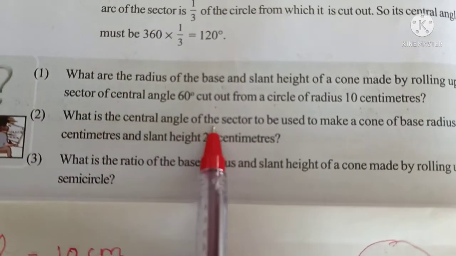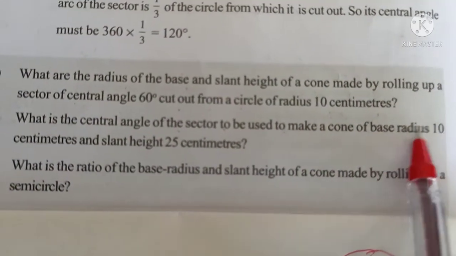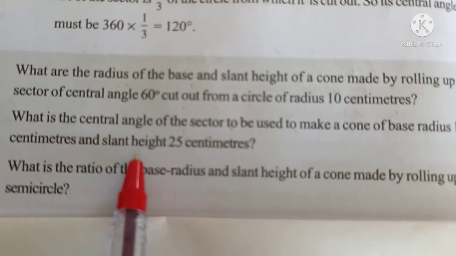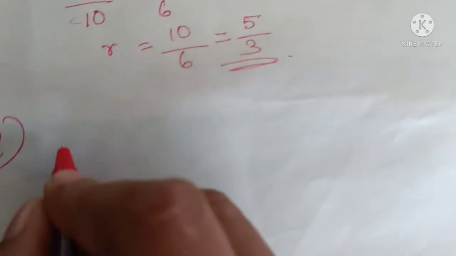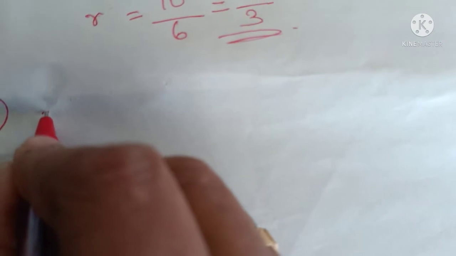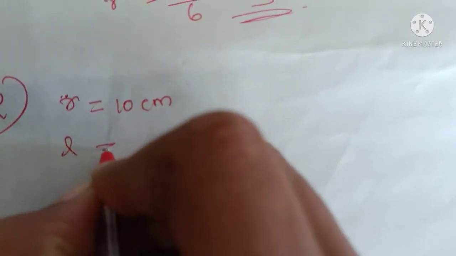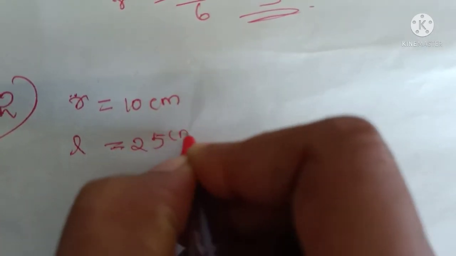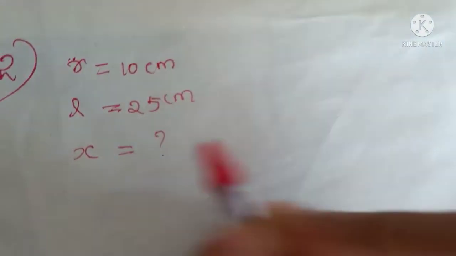Next question, second question, what is the central angle of the sector to be used to make a cone of base radius 10 centimeters and slant height 25 centimeter? So here we have base radius of the cone, that is, r is equal to 10 centimeter and slant height l is equal to 25 centimeter, and we need to find out the central angle of the sector, that is x.